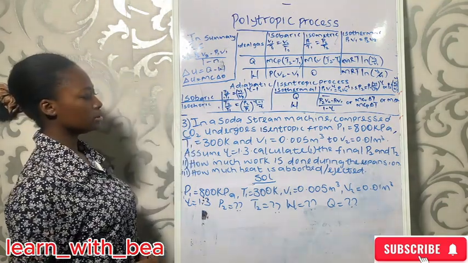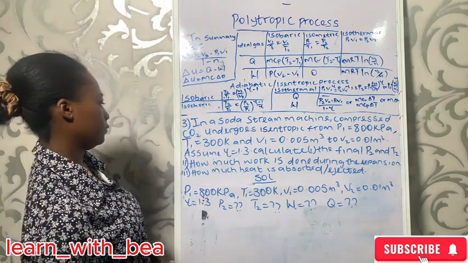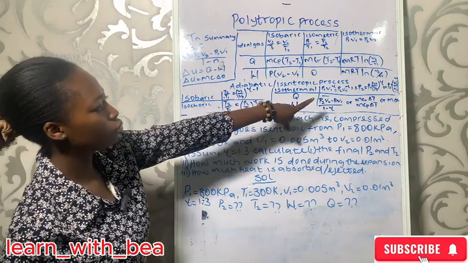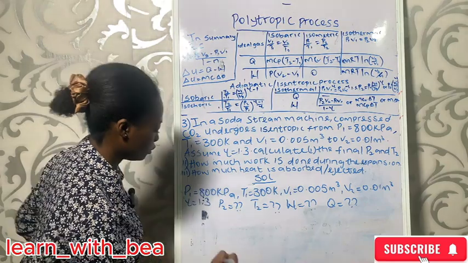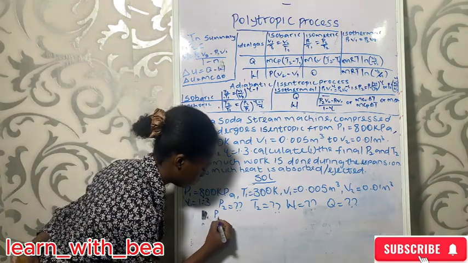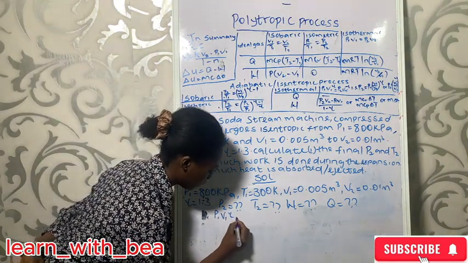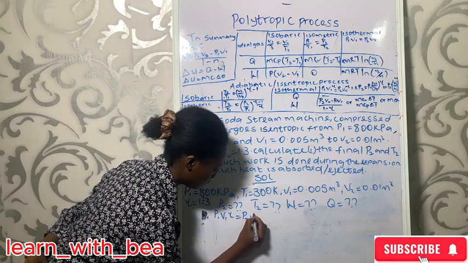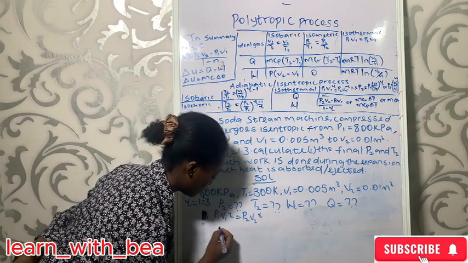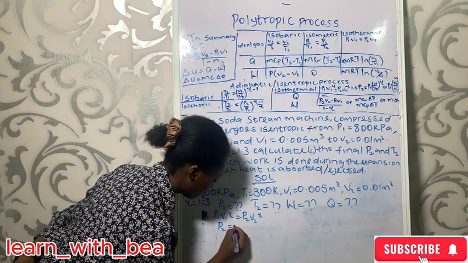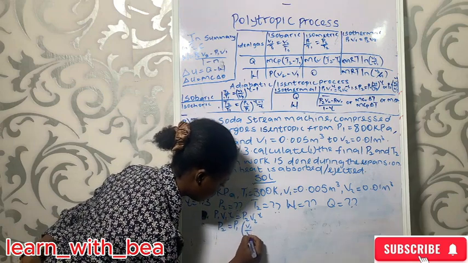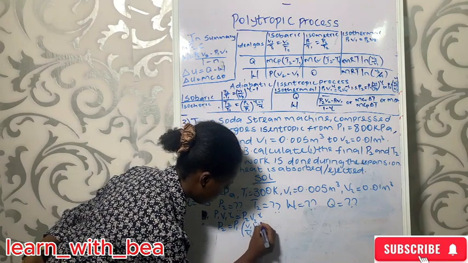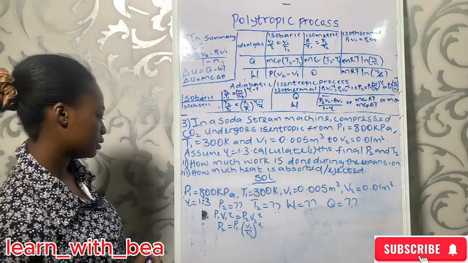So we can use the formula P1 V1 gamma equals P2 V2 gamma. So let's write it out. P1 V1 gamma equals P2 V2 gamma. That's to calculate our P2, right? So since it is P2 we are looking for, we are left with P1 times V1 over V2 to the power gamma.